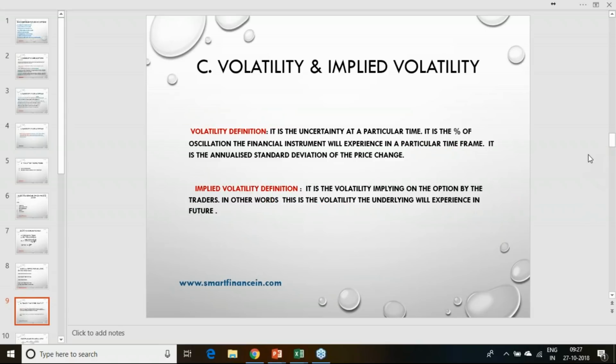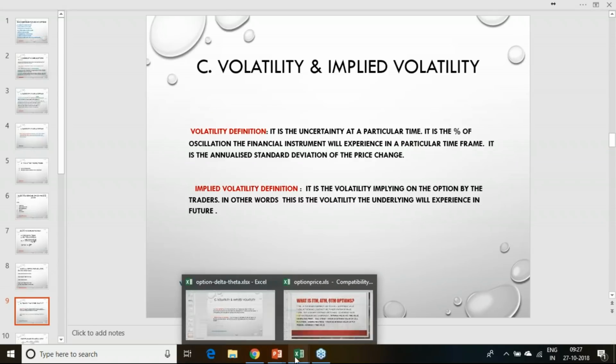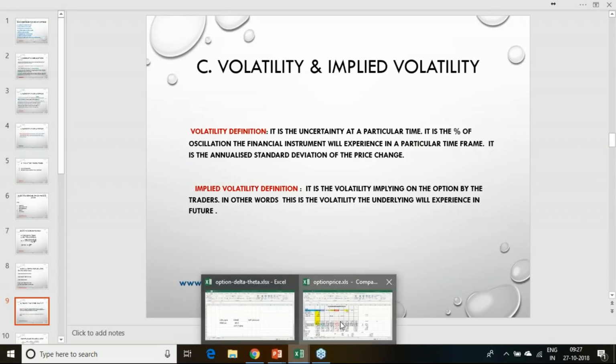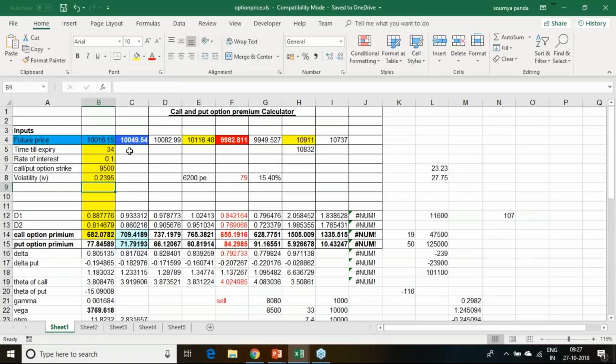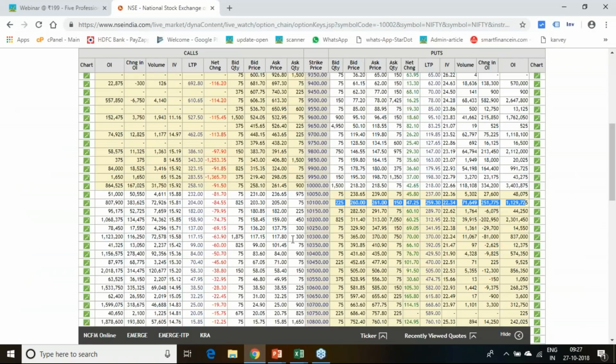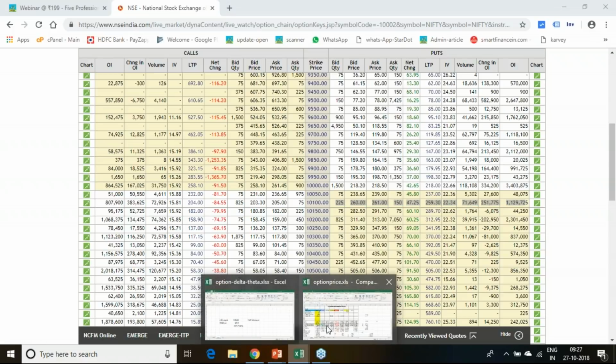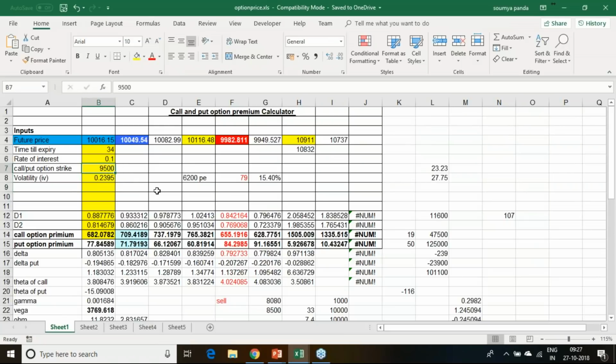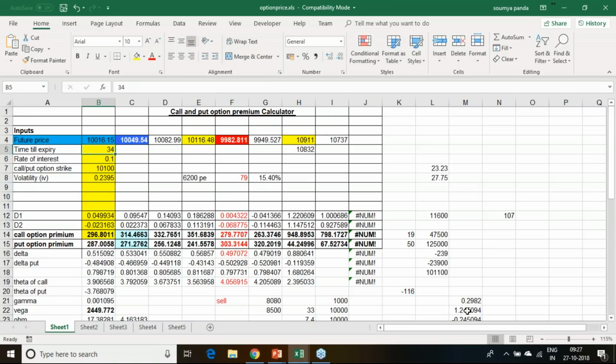So coming to the calculation of implied volatility, I have designed one small Black-Scholes calculator here, a call and put premium calculator. We have also given a web calculator. I'm taking the 10,100 call option, recorded here at 204 rupees. 34 days are left till expiry.